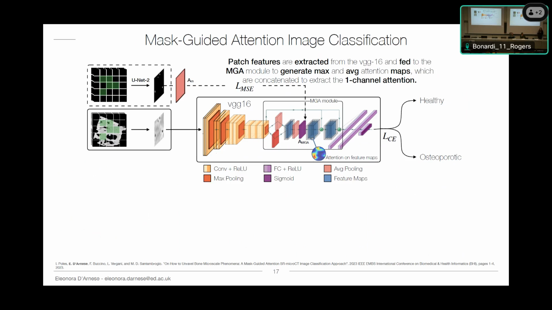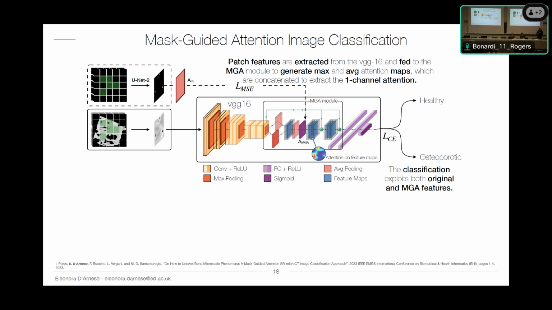So it's kind of taking the segmentation mask and combining it with the feature maps extracted from the classification network in order to have the network look at the object of interest. At this point, by combining this, we are forcing the model to look at the lacunae to make an informed decision.